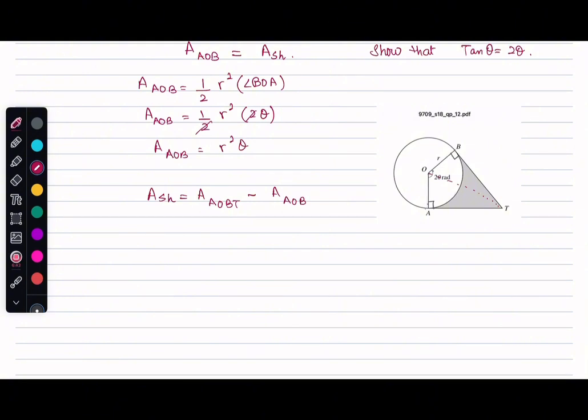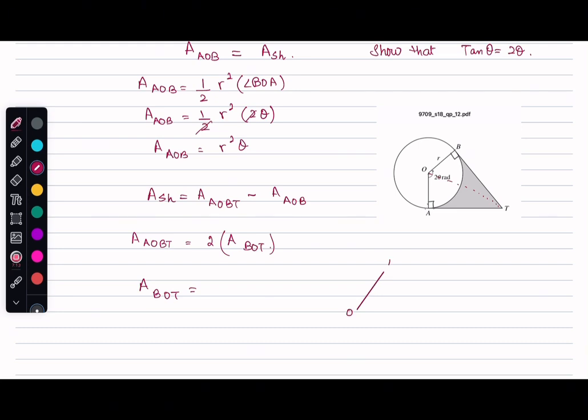So to find the area of AOBT, I can say that it is going to be twice the area of BOT.